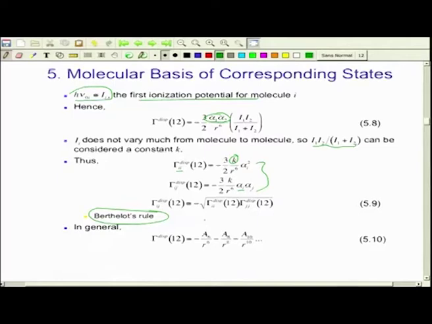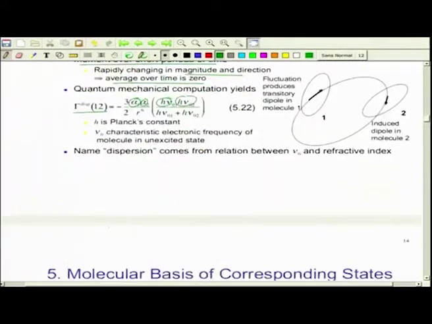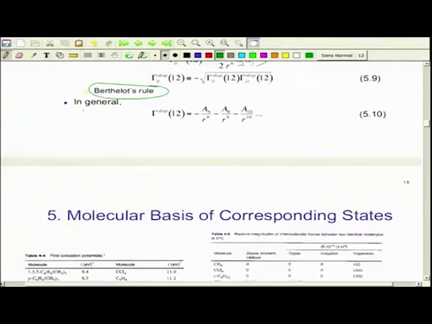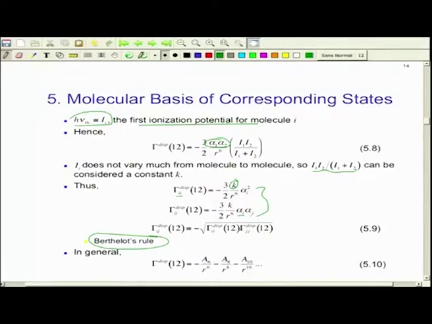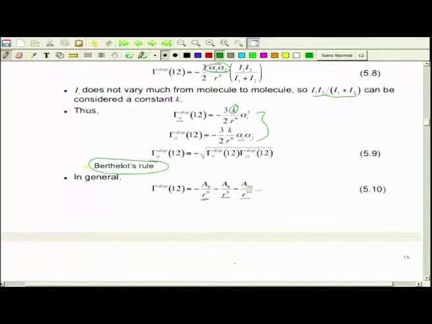Because this is an approximation, in general the dispersion term will have not only this A by R6 term but also other terms, which are usually very small but relevant.